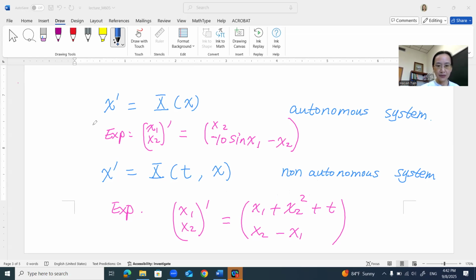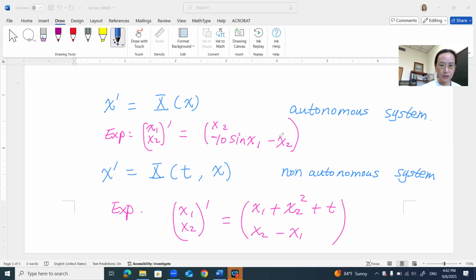Okay, so it's easy to see the difference between autonomous and non-autonomous, all based on the t variable. So here t appears explicitly and it's non-autonomous.